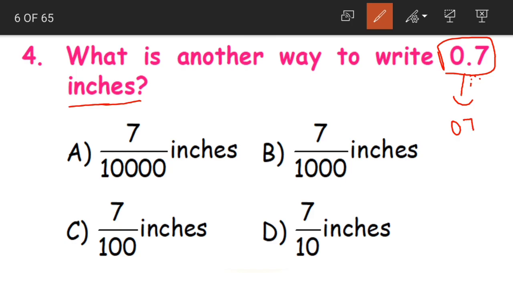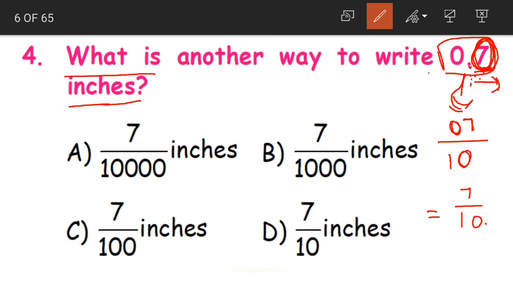Write the number as it is without the decimal point, and for the denominator write 1, and if you look at the decimal number, we are having one decimal place, that is we are having only 7 after the decimal point. So as we are having only one decimal place, we will place 10 in the denominator. So 0.7 can also be written as 7/10.